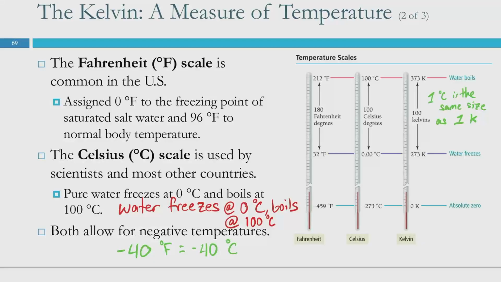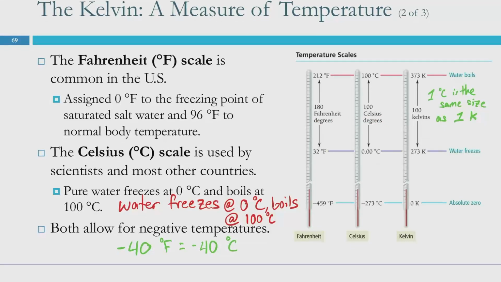If you increase the temperature by 1 degree Celsius, you're also increasing it by 1 Kelvin. Our Fahrenheit scale, though, from water freezing to water boiling, is 180 degrees Fahrenheit. So our degrees Fahrenheit are smaller than our degrees Celsius. And there's also a difference in our freezing points for Celsius and Fahrenheit of 32 degrees.